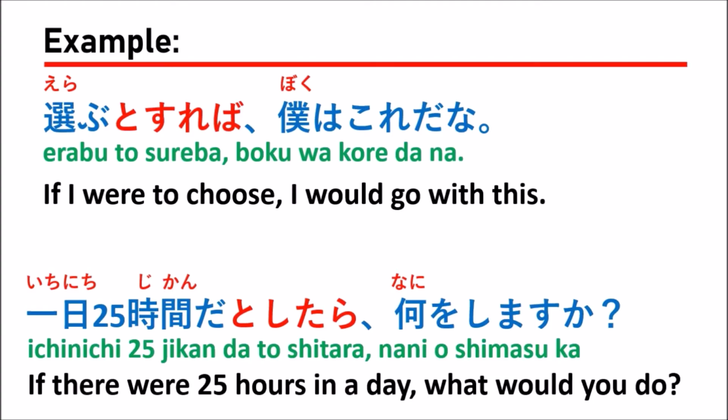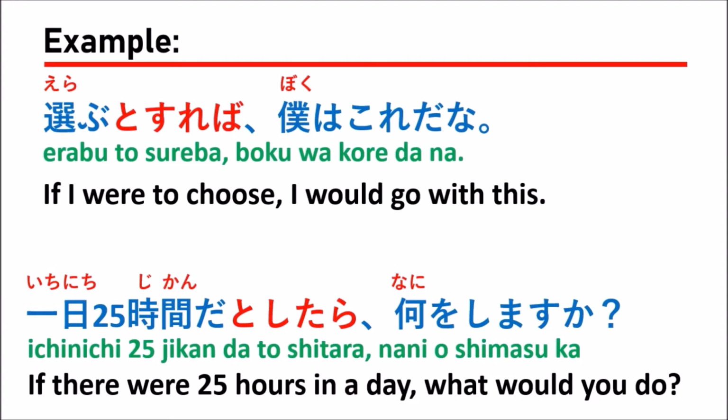But you just make it an example only, so no problem. You can say 1日25時間だとしたら, which means suppose there were 25 hours in a day.